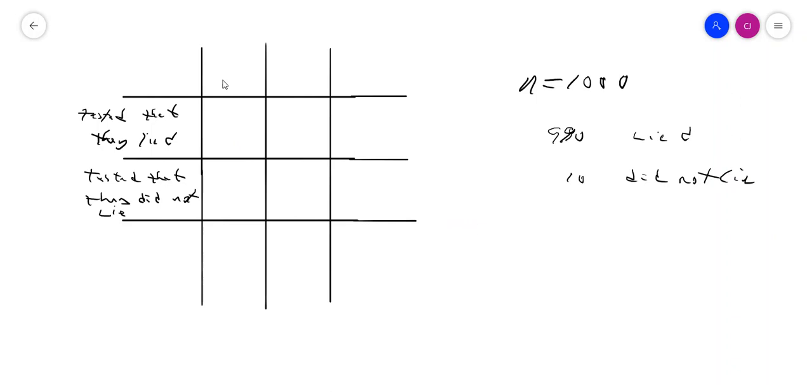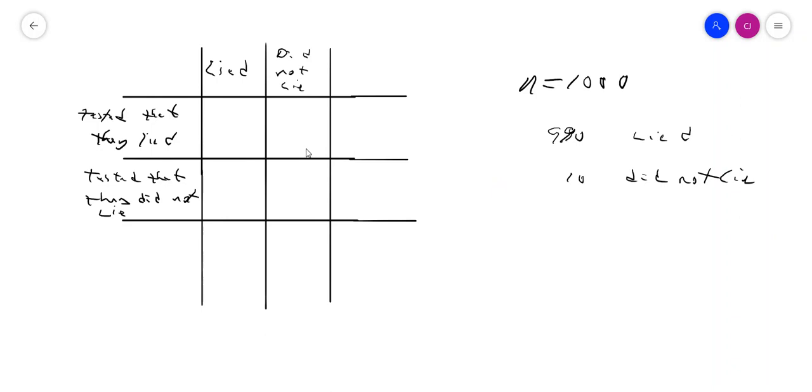Okay. So we have, of the ones that lied, right, we have lied and did not lie. Okay, did not lie. So how many lied here? Got that backwards.